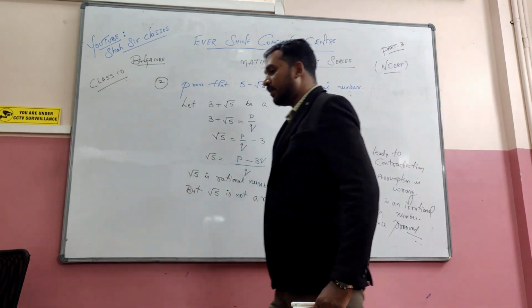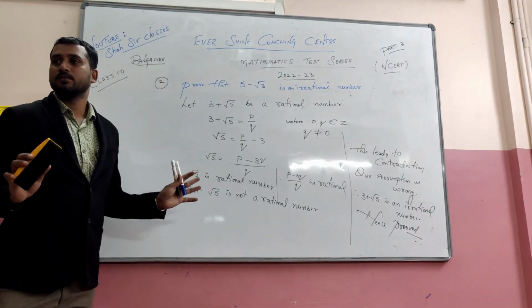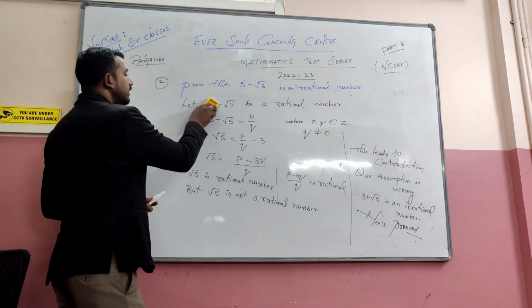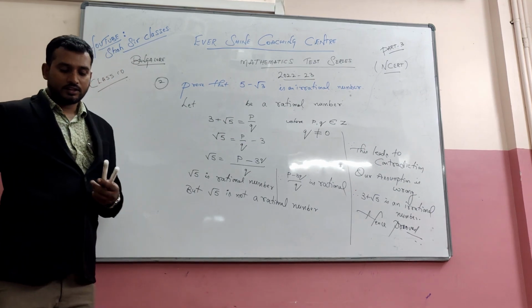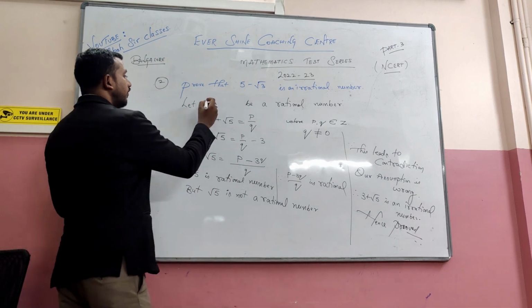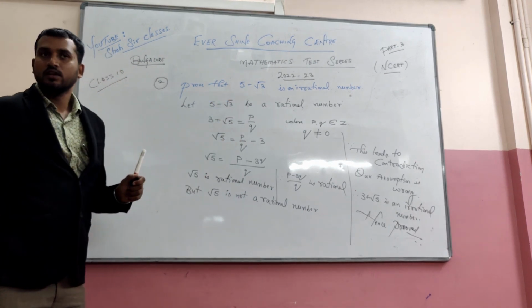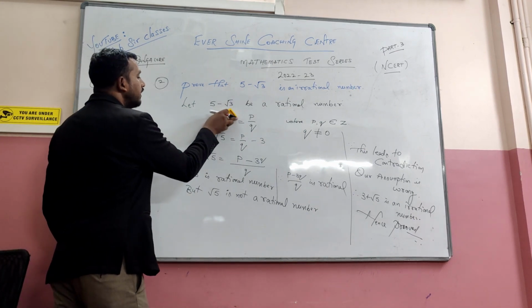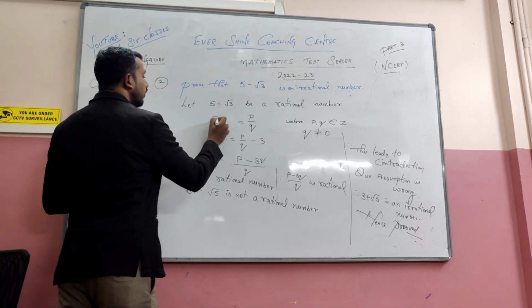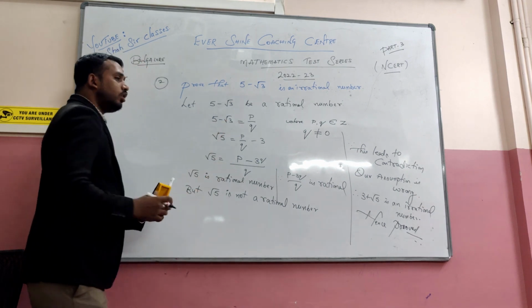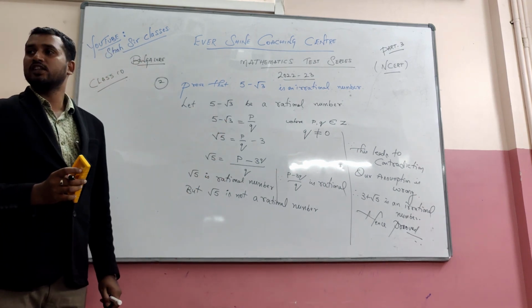Now can you tell me the steps? What should be the first step? Quick. Let 5 minus root 3 be a rational number. Then 5 minus root 3 is equal to p by q, isn't it?